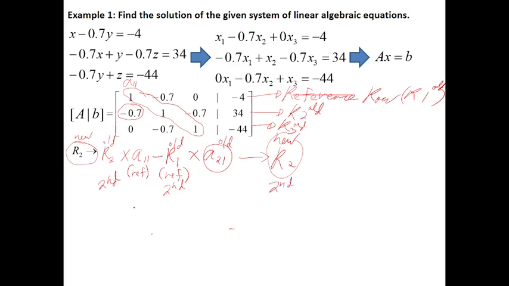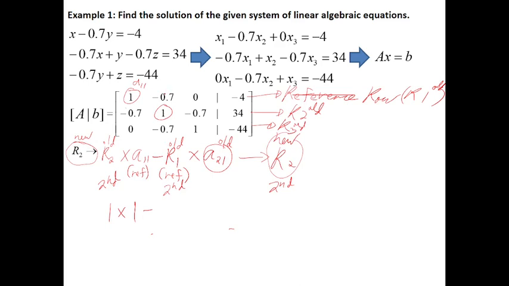Okay, so we consider the second row. R2, row 2, second element, that is 1, right? A11 reference, that is 1. R1 old, second element. Looking at row 1, where is the second element?